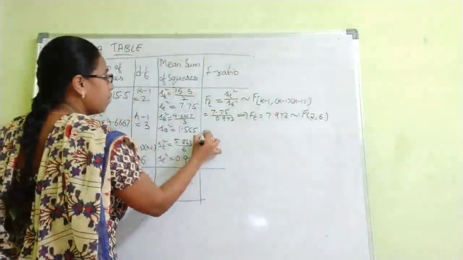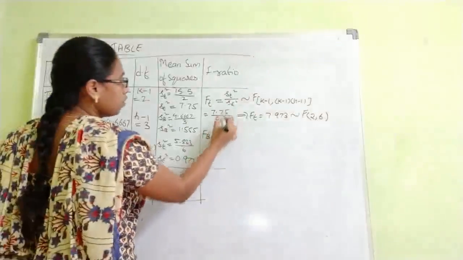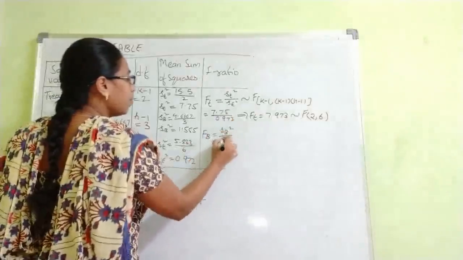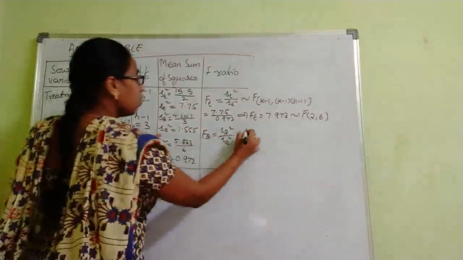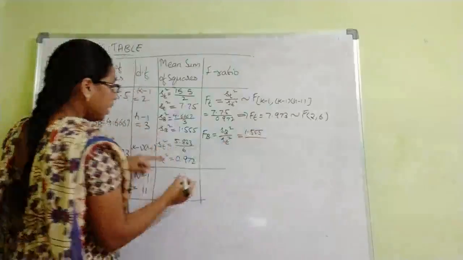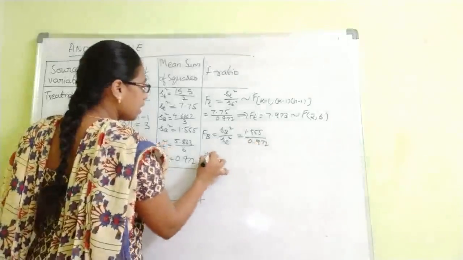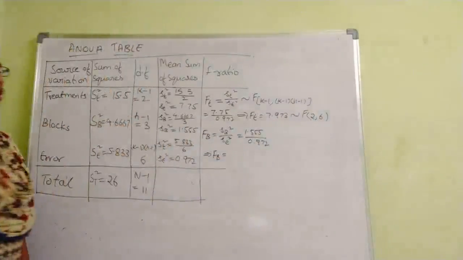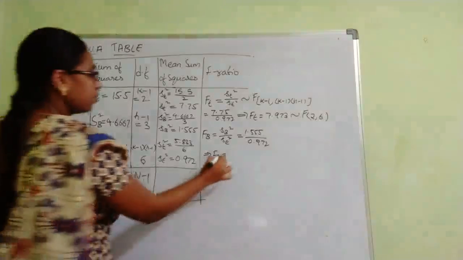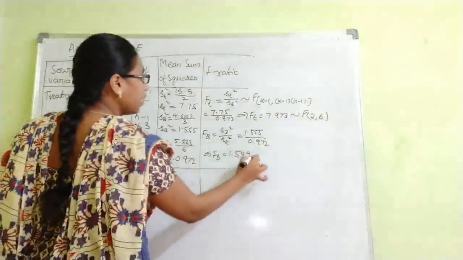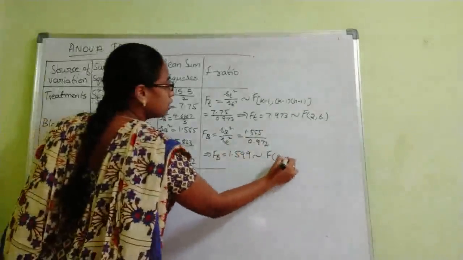Next is FB, the F ratio for the blocks, which equals small SB square divided by SE square. The mean sum of squares due to blocks is 1.555, divided by the error 0.972, so FB equals 1.599, which follows the F distribution with degrees of freedom 3,6.